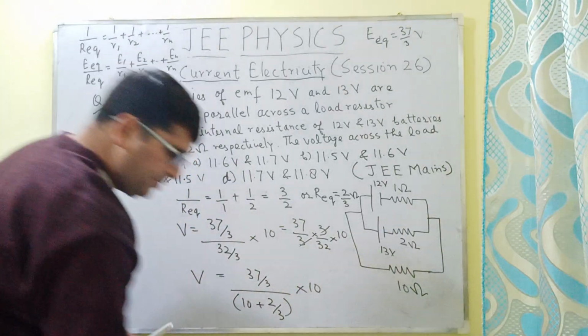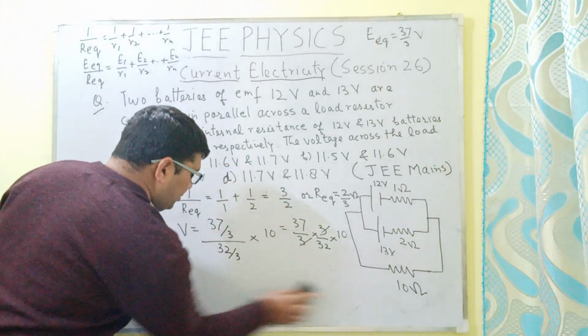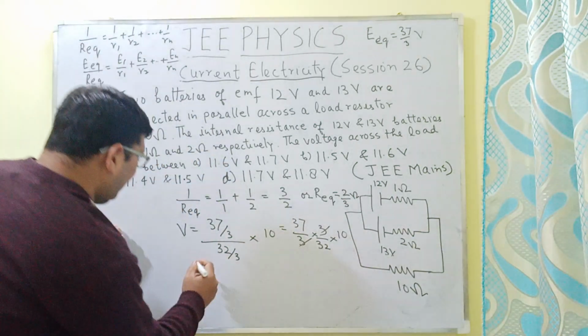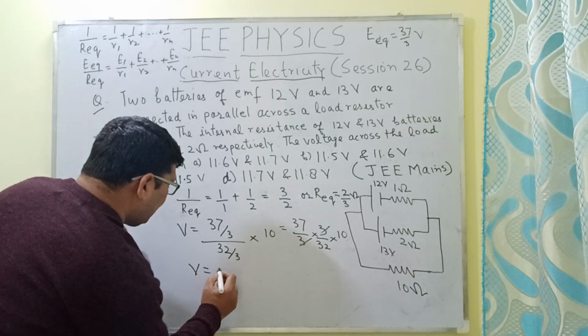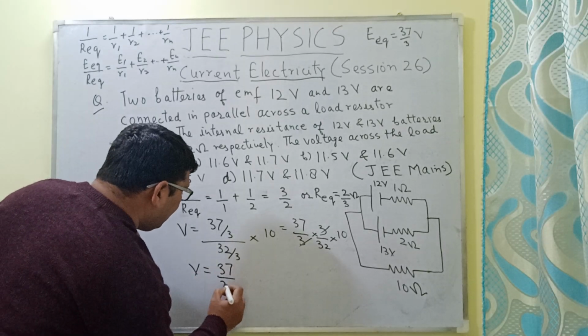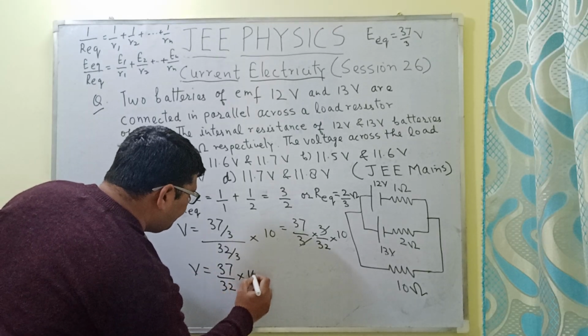Or we can say that V is equal to 37 divided by 32 into 10.